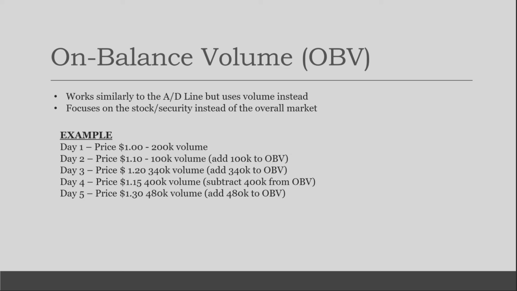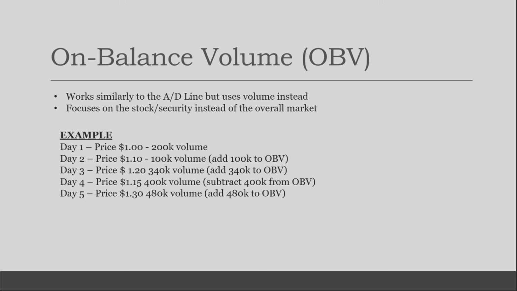Let's say on day number 1, the price of a stock was $1 and the shares traded was 200,000. The OBV value would be 0 as there is no previous day to compare to. On day number 2, the price increased to $1.10. This automatically means that we would add whatever volume there was that day to the OBV.